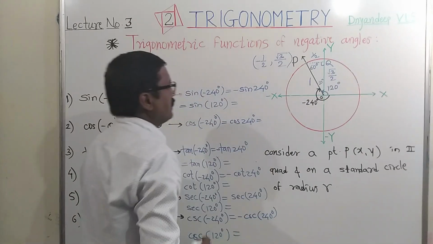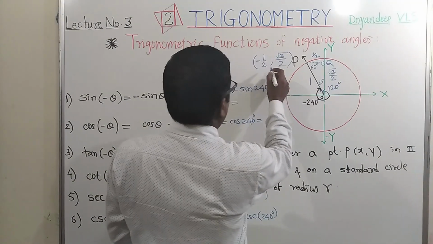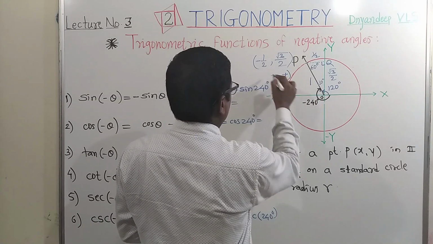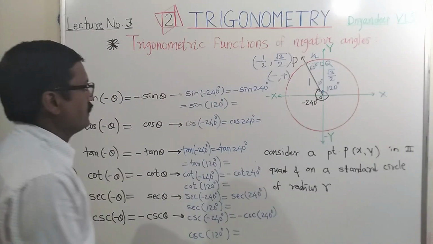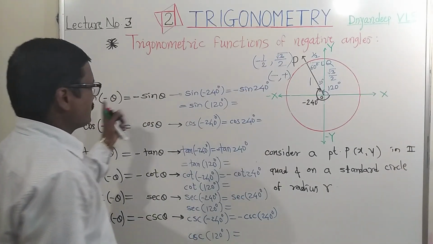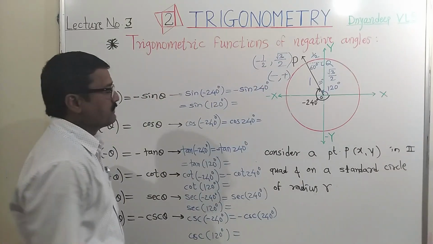So the y coordinate of point P is positive, because in the second quadrant the points have sign negative and positive. So the first coordinate is negative, the second coordinate is positive. Now the coordinates of point P are minus half and root 3 upon 2.